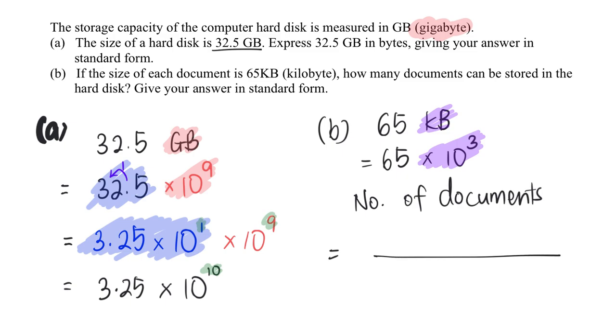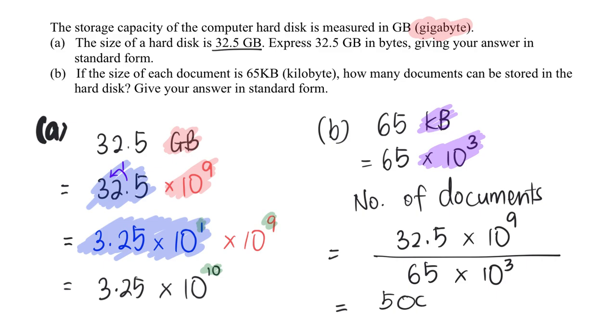I've got so much space, 32.5 gigabyte. I also have 65 times 10 power 3. And therefore the final answer you will get is equal to 500,000. And this translates to 5 times 10 to the power of 5.